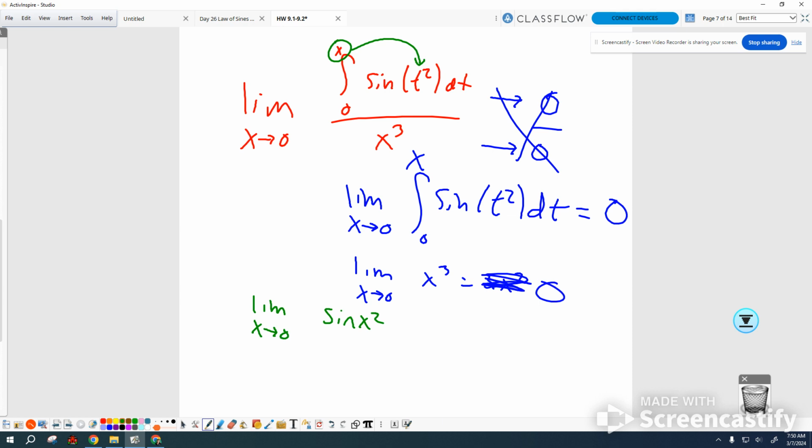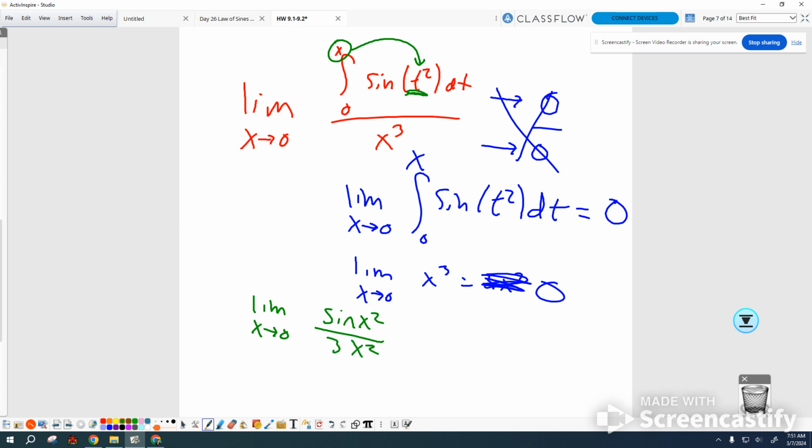Some of you kept t. Some of you did the chain rule of the t squared and still left it as t. Derivative of the integral, fundamental theorem of calculus, that's totally going to be on your AP exam. The word fundamental would be that word. Derivative of the bottom, 3x squared.